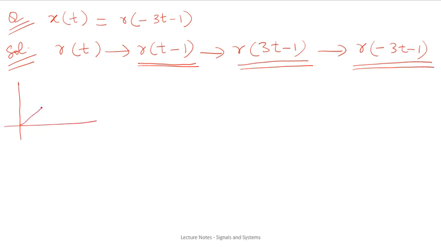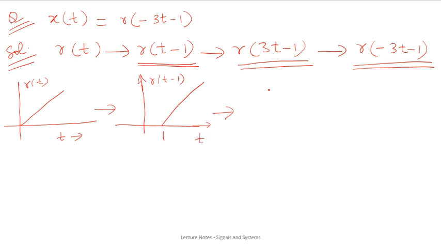Okay, so if you try to plot this, if this is r(t), then what would be r(t - 1)? This will just be a shifted version. This will be a straight line. Let me try to draw a straight line, something like this. The slope will be the same. This is r(t - 1).